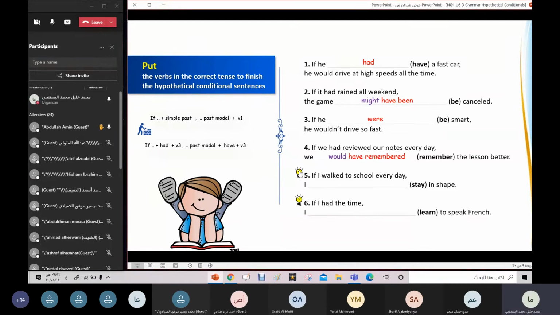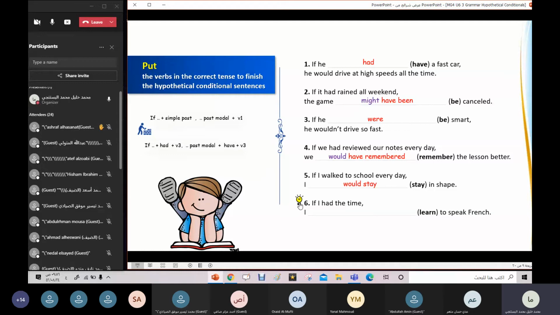If I walked to school every day, I would stay in shape. Good. Here we have to use the first form: if I walk to school every day, I would stay. Here we talked about the present hypothetical conditions, this is called type 2, and this is called type 3.